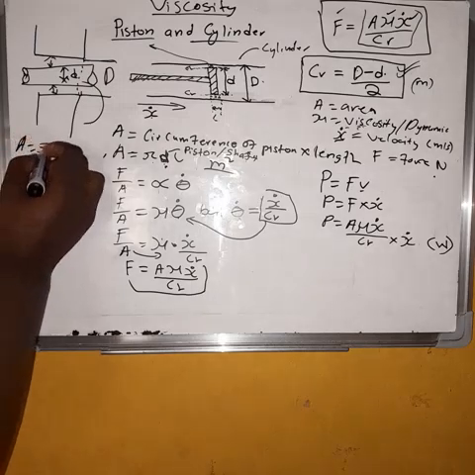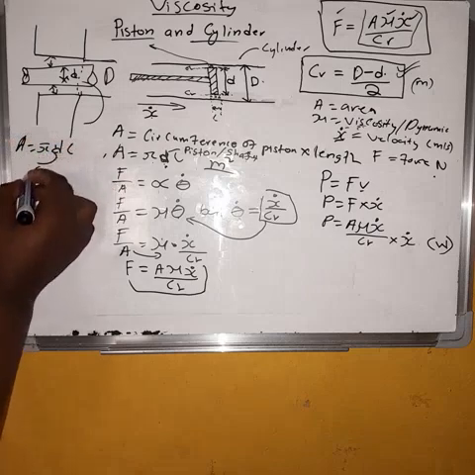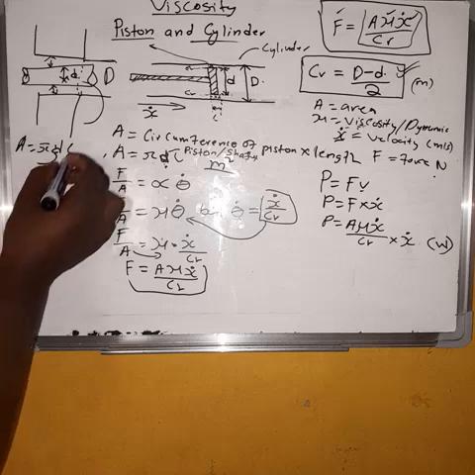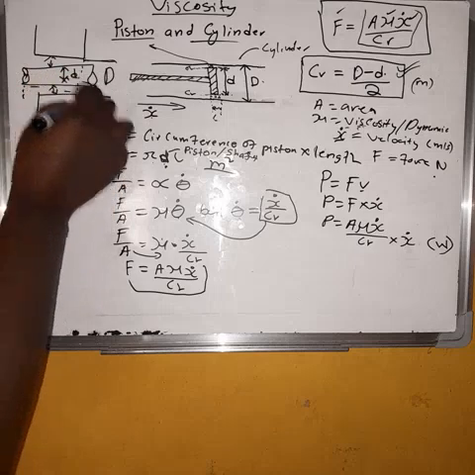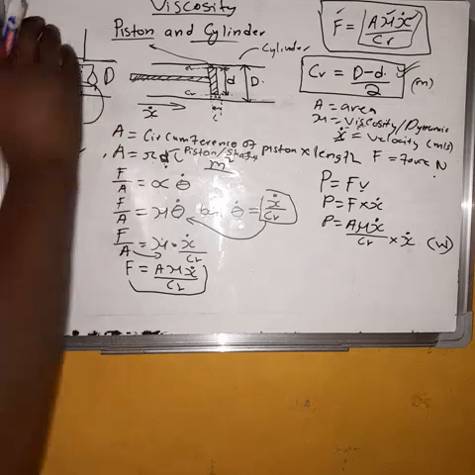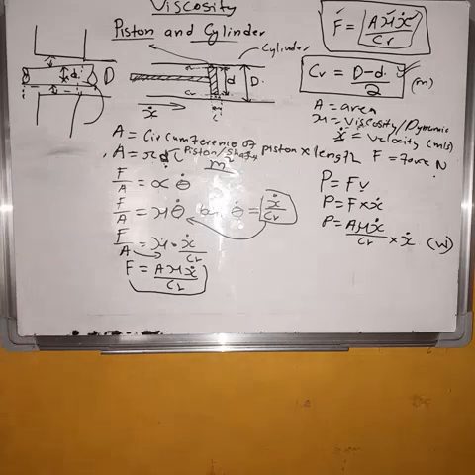It's pi d L, d of the shaft, and L the length of the shaft. If you are given this scenario, I hope you understand this.